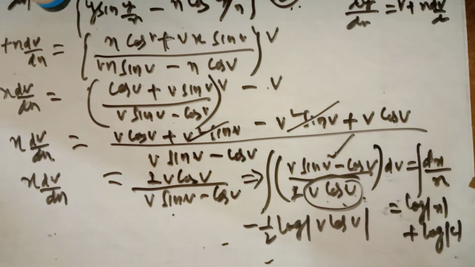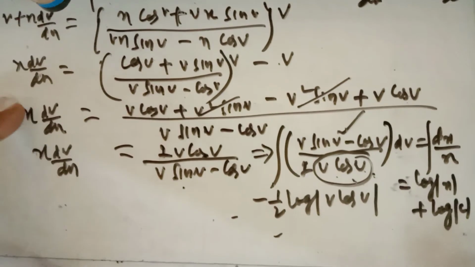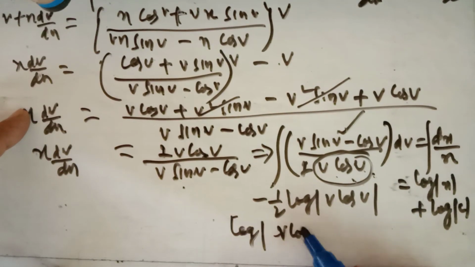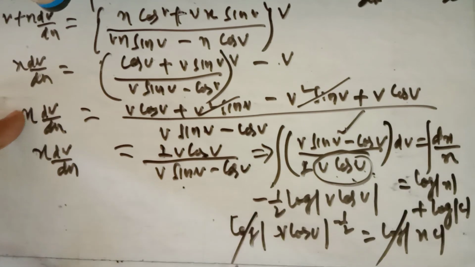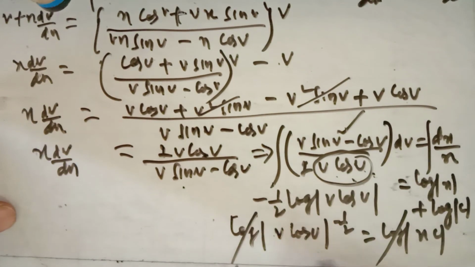And the integration of 1 upon t is log t, where t is v cos v. Now you can use the properties of the log. Its power is minus half, log x into c. This log will be cancelled out. Now you can replace the value of v as y upon x everywhere.